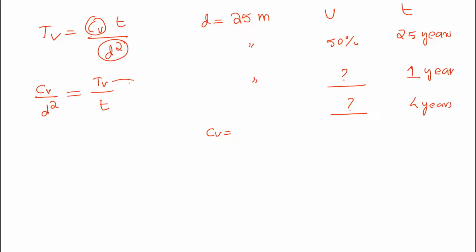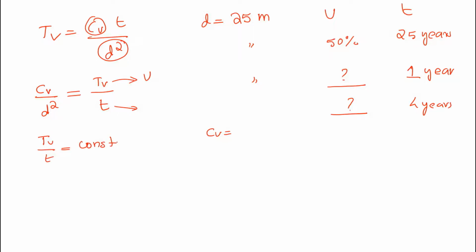How can this time factor vary? Time factor will vary according to degree of consolidation, right? We don't know the degree of consolidation, and we know the different times, but we don't know how much degree of consolidation is there. So accordingly the Tv factor will vary. So we can write Tv/t is a constant.